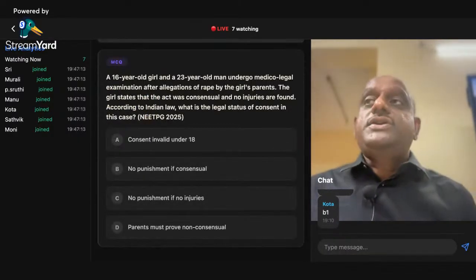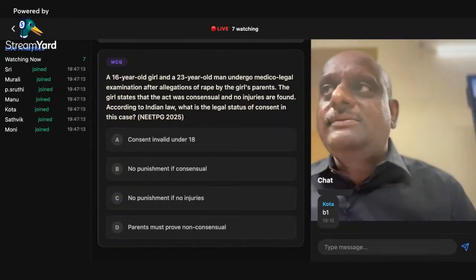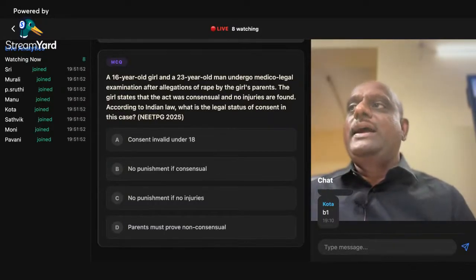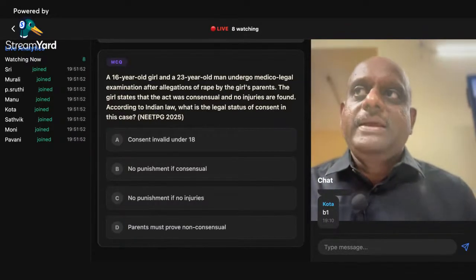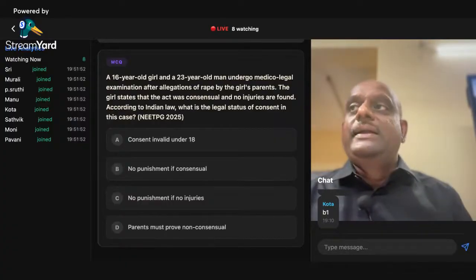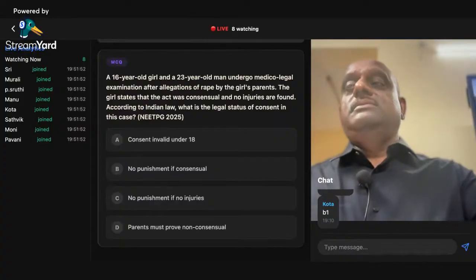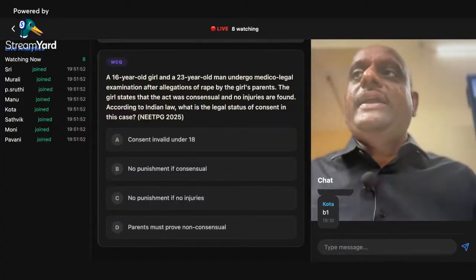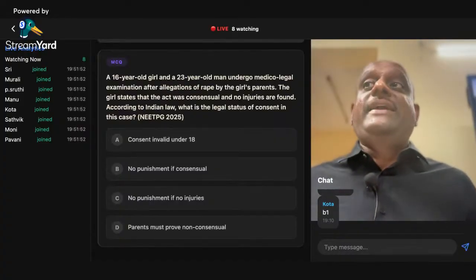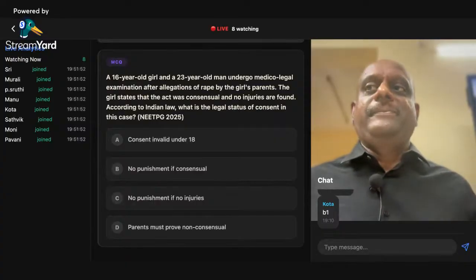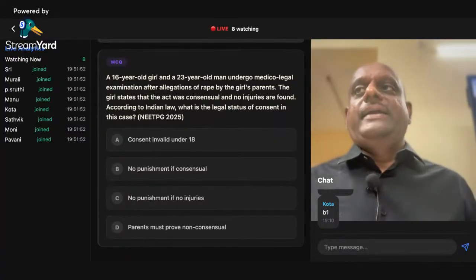Now, doctor, a 16-year-old girl and a 23-year-old man undergo medico-legal examination after allegation of rape by the girl's parents. The girl states that the act was consensual, no injuries are found. According to Indian law, what is the legal status of consent in this case?